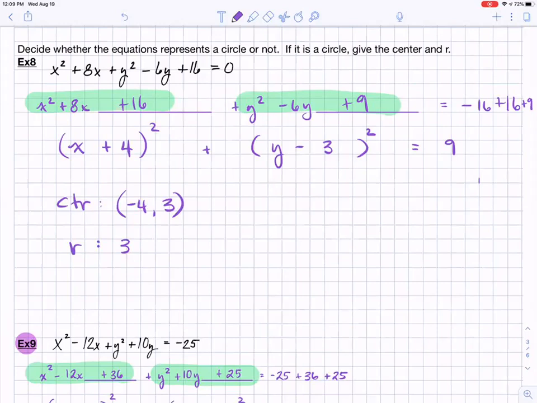Can you pull up 8.1 practice? How many questions are in 8.1 practice? 45. Holy cow. There's a lot of them in there, isn't there? 46 questions.